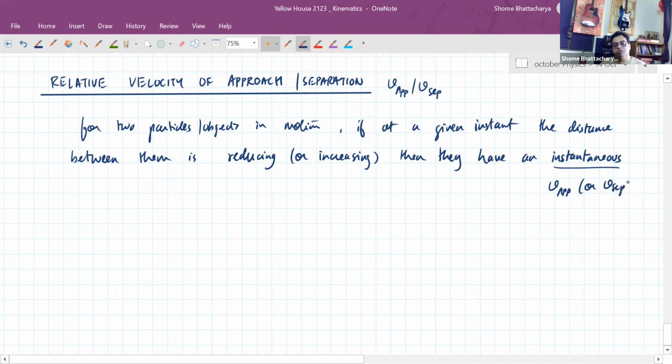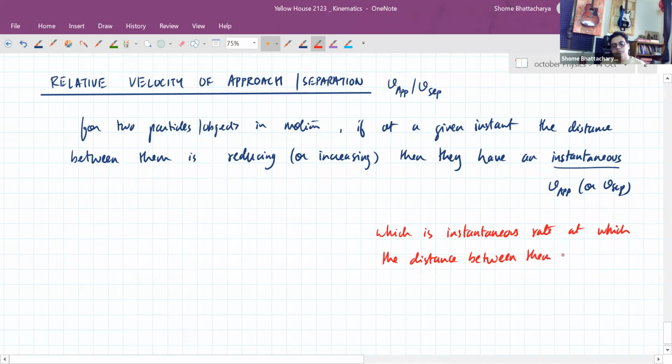So this approach or separation velocity is the instantaneous rate at which the distance between them is decreasing or increasing.